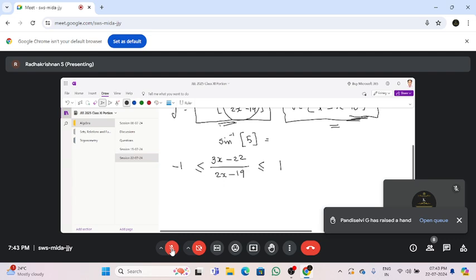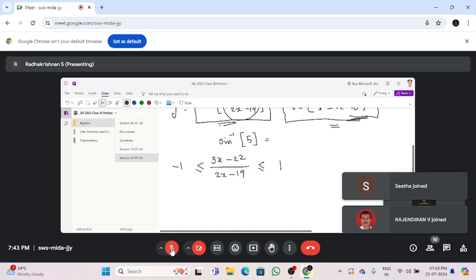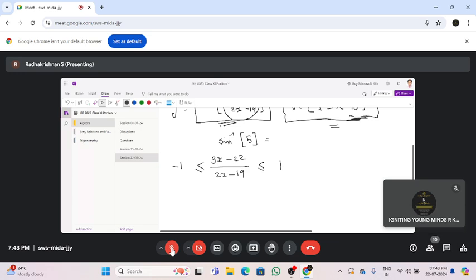So you can try to solve this problem. I will give some time for Pandi Selvi to attempt this problem, or other people can also try.